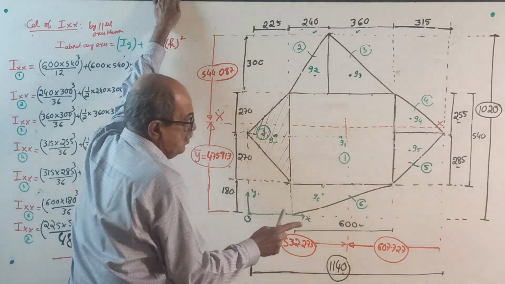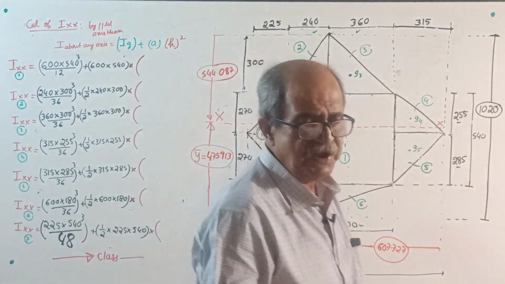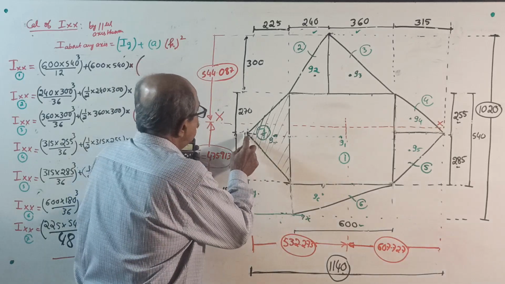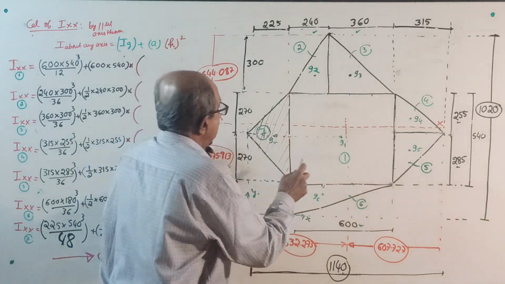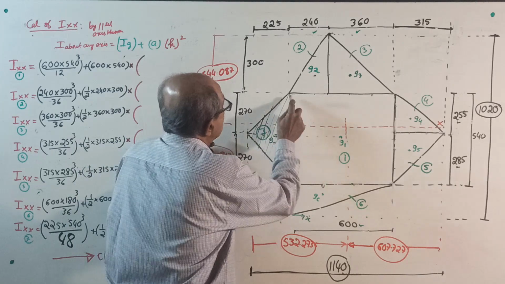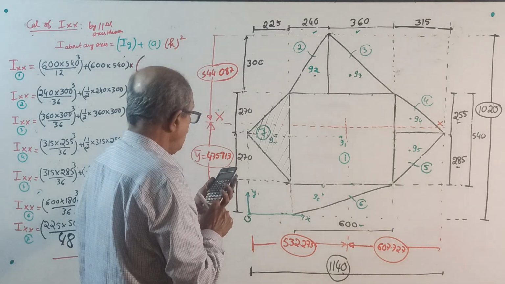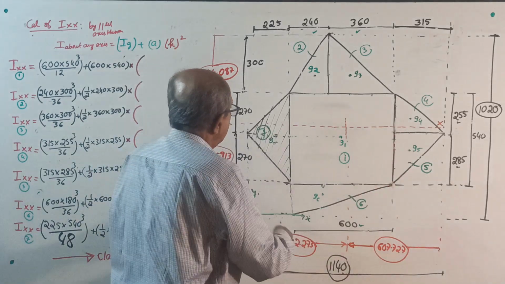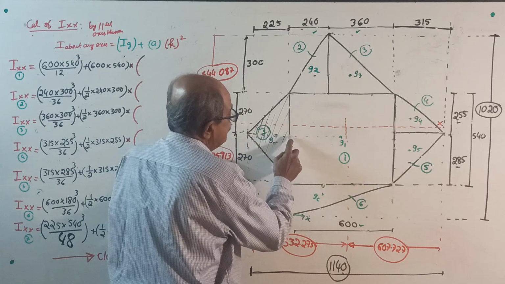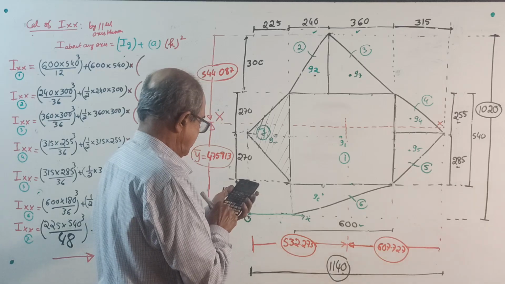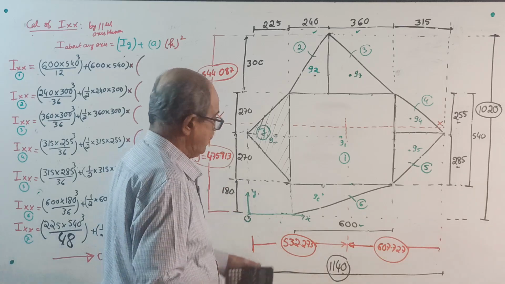Now, where is it? I told x bar is 532.273. I rubbed it out, I know the answer. Okay, start. 225. Furthermore, 225 plus 240, 465. Furthermore, 225 plus half of 600, 600 by 2, 525.